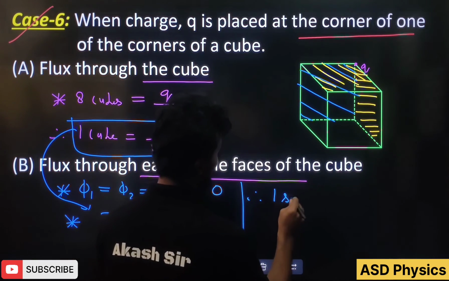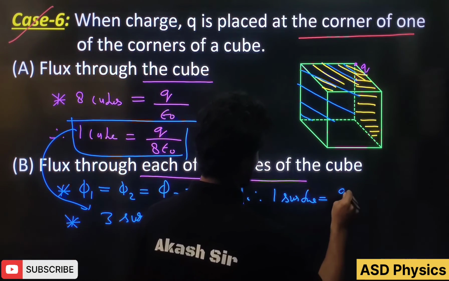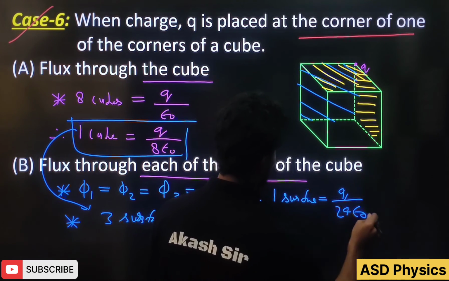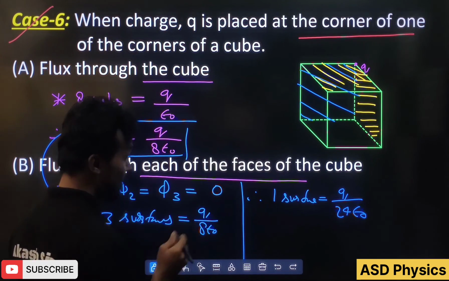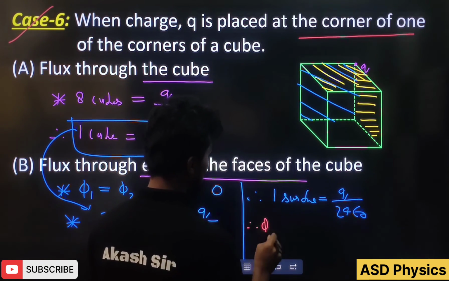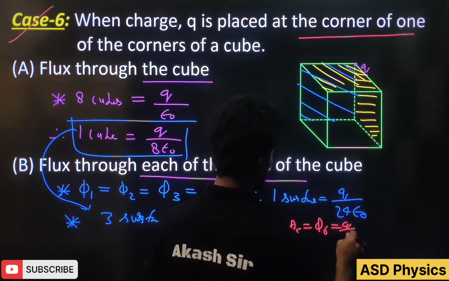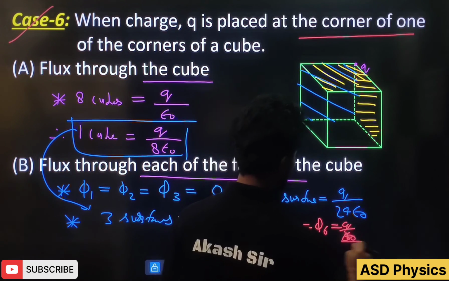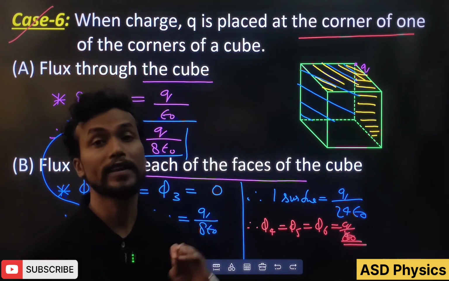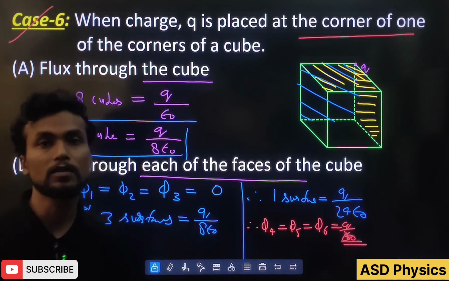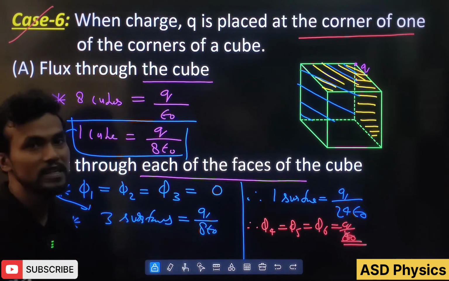That means hence due to one surface, how much? Q by 24 epsilon naught. And like that, how many surfaces are there? 3 surfaces are there. That means we can tell that phi 4, phi 5, phi 6, each is Q by 24 epsilon naught. Now due to 3 surfaces 0, and due to the 3 surfaces Q by 24 epsilon naught each, and the total flux how much? Q by 8 epsilon naught.